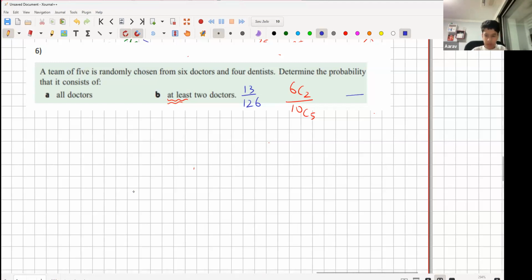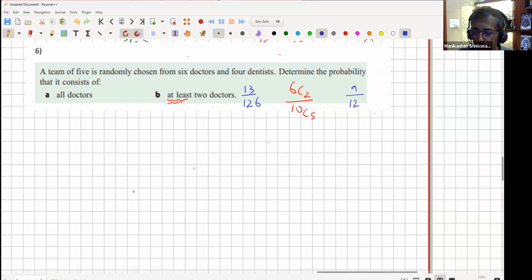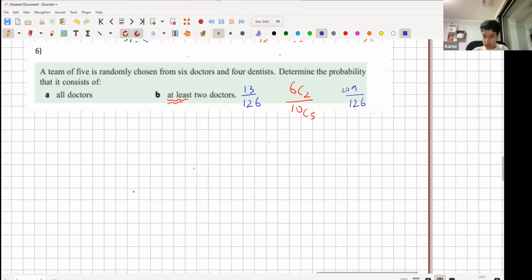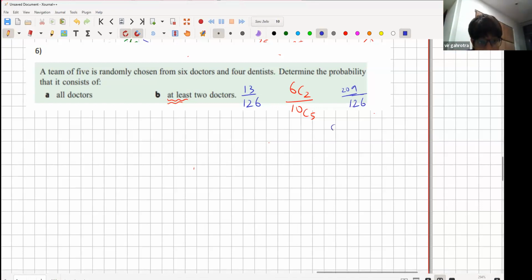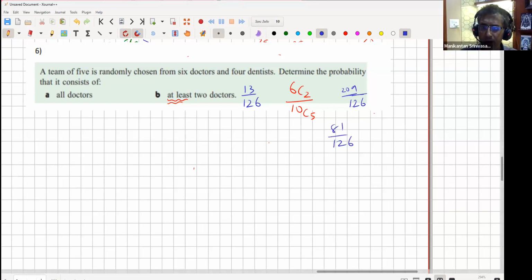I didn't check if it can be simplified. 209 over 126? How can this number be greater than 1? It's a probability, right? All right, Veer. I got 81 over 126. Okay, we have a collection of answers.